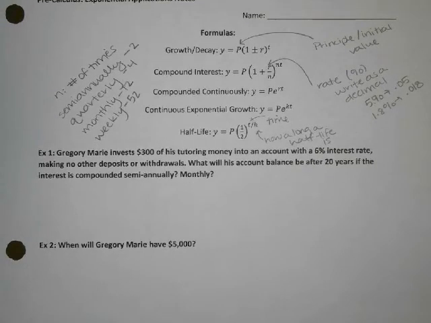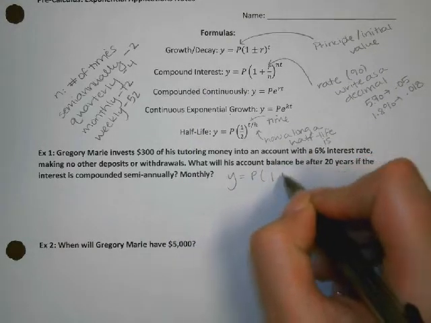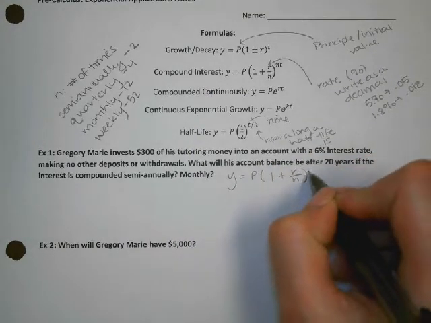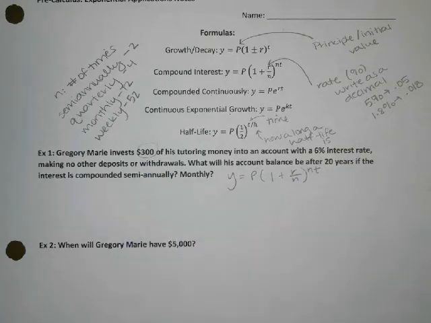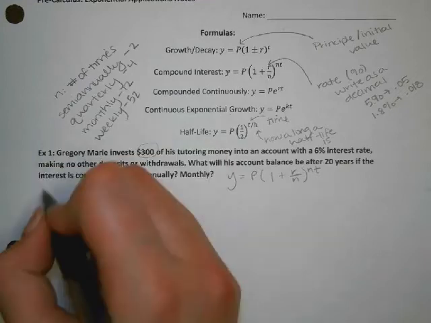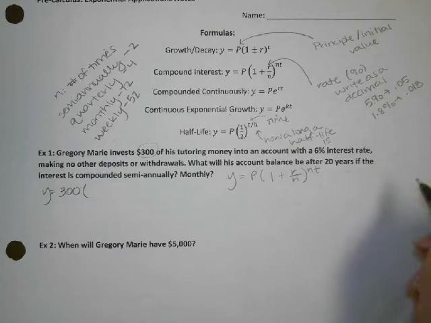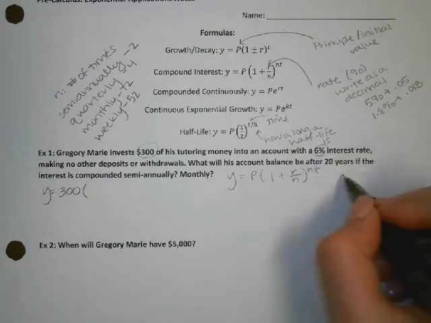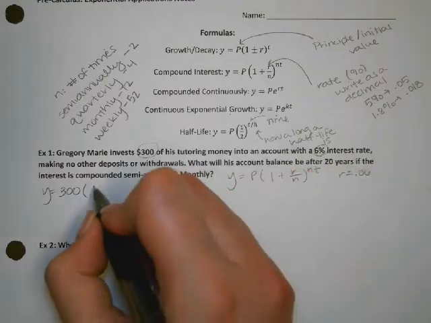So it says that we have compound interest, which means that we are using this formula right here. $300 is the amount that he's starting with, so our principal amount is 300. 6% interest rate means that R is going to be 0.06.